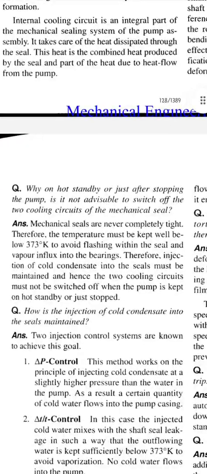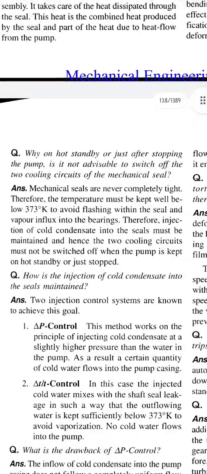Question: why, on hot standby or just after stopping the pump, is it not advisable to switch off the two cooling circuits of the mechanical seal? Answer: mechanical seals are never completely tight.